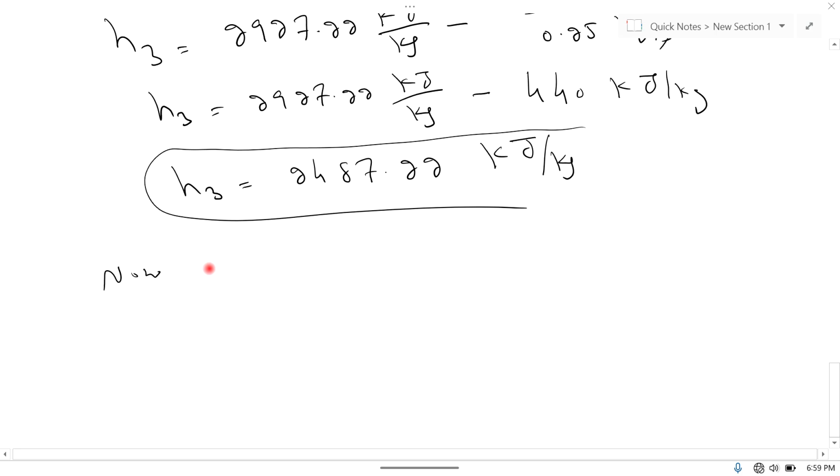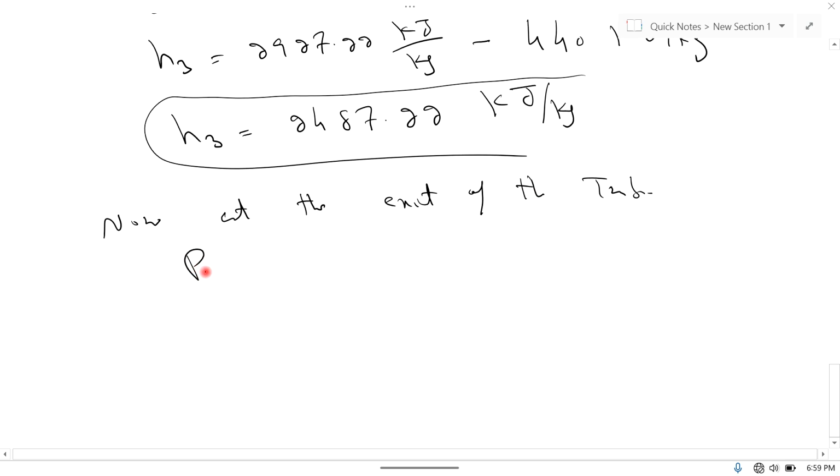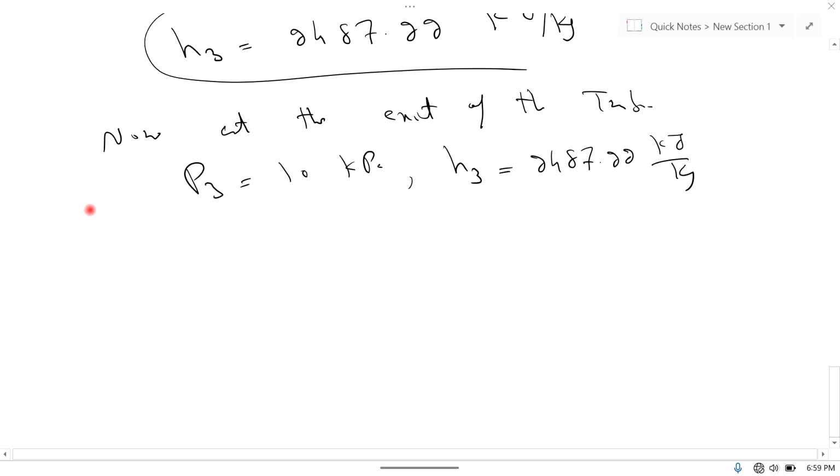Now at the exit of the turbine, we are finding exit temperature and quality. At the exit of the turbine, we know that P3 is already given to us as 10 kilopascal, and this is H3, which is equal to 2487.22 kilojoule per kilogram. First we check whether this is saturated or not.